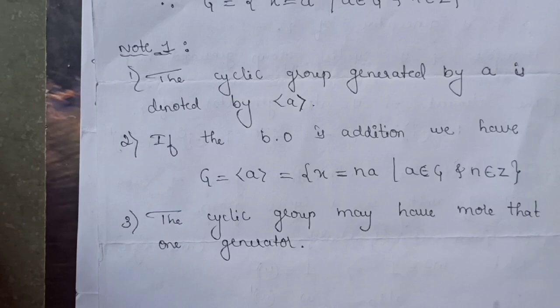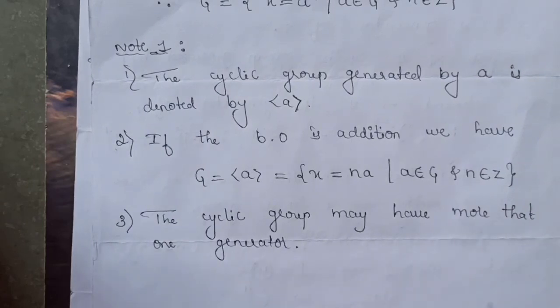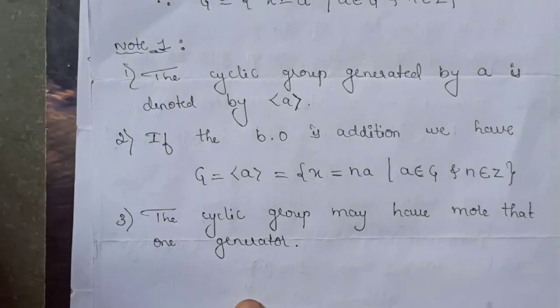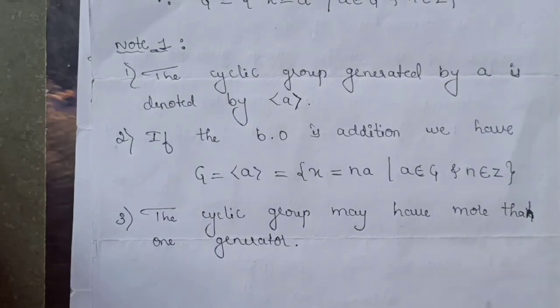These brackets are known as angle brackets. If the binary operation is addition, then x can be written as n into a, where a belongs to G and n belongs to Z. In multiplication we have x equals a raised to n, but if the binary operation is addition, then x can be written as n a. Next, a cyclic group may have more than one generator.